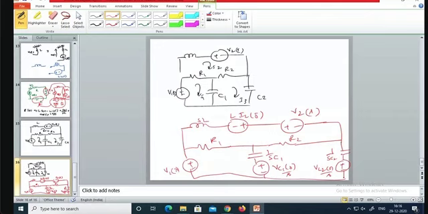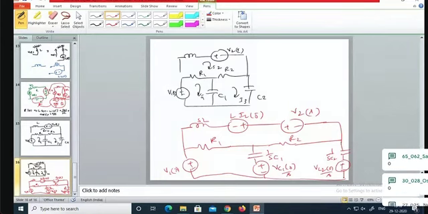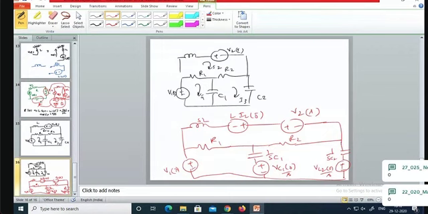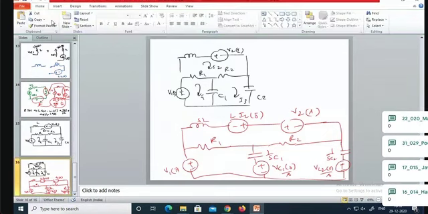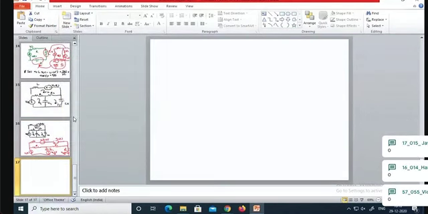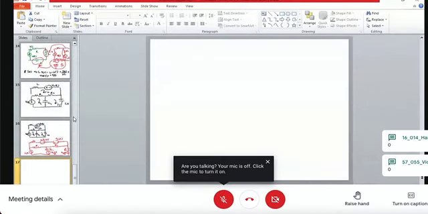So if you have understood this problem, then type 0 on the chat box. Let us take one more example, and then we can solve for it.